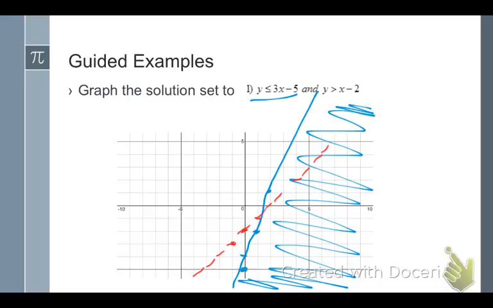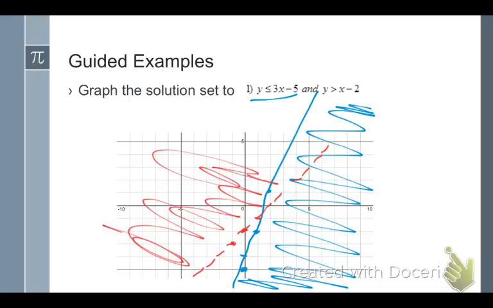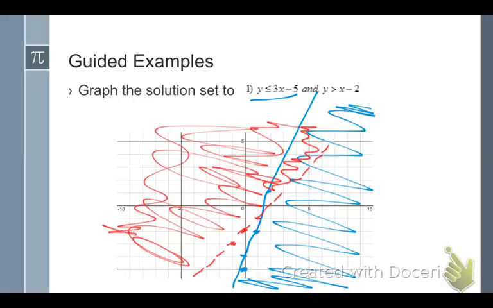And then I want greater than, so everything above the red line, greater than. If I had more carefully shaded my blue, I would see that my solution area is here where both are shaded, between the two lines. That is my solution area.